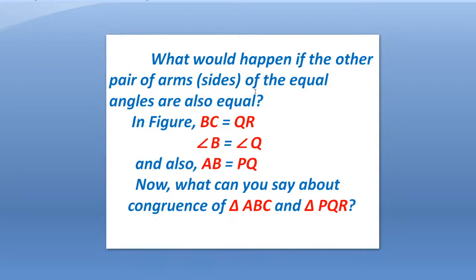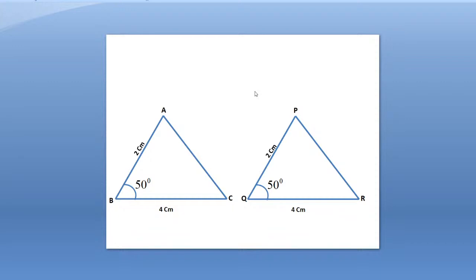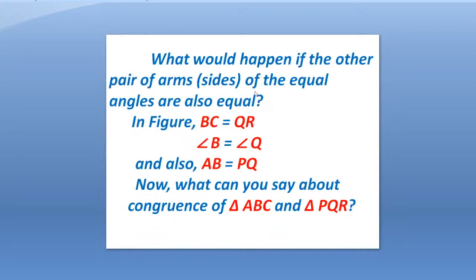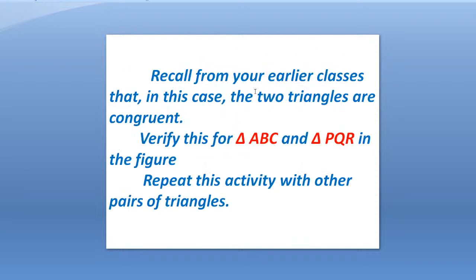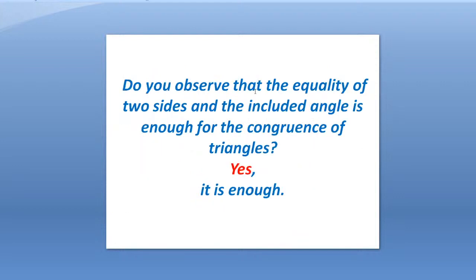Side AB and side PQ equal. So now you can easily say that both triangles are congruent. Recall from your earlier classes that in this case the two triangles are congruent. So verify this for triangle ABC and triangle PQR in the figure. Repeat this activity with other pair of angles.